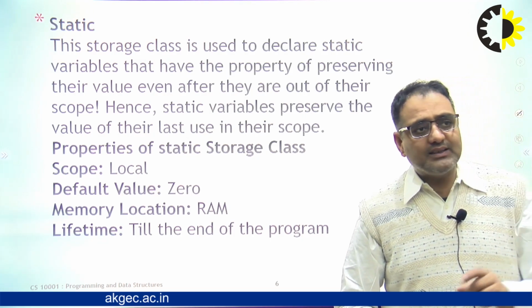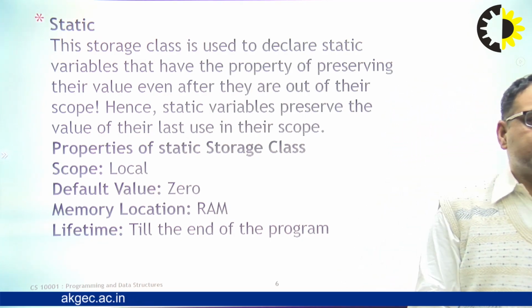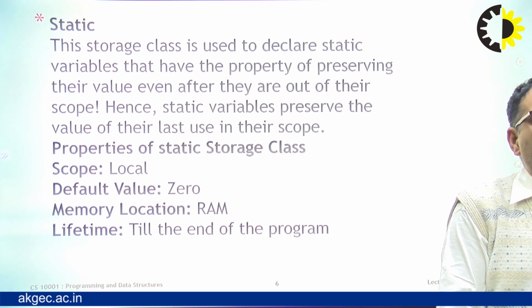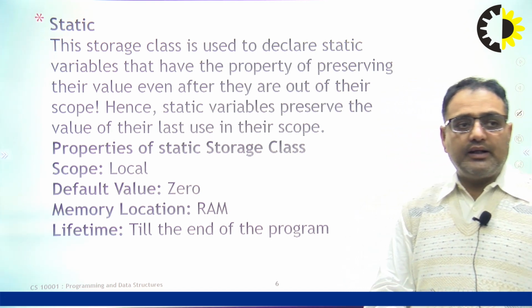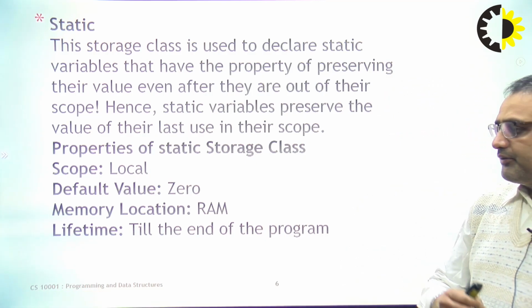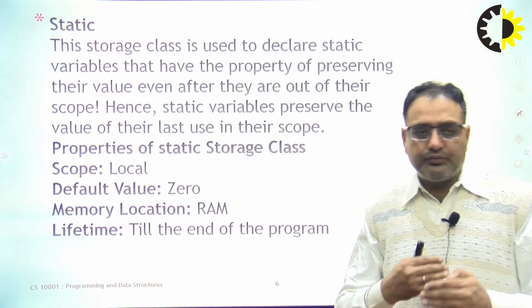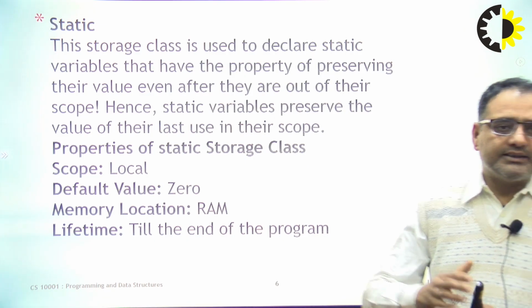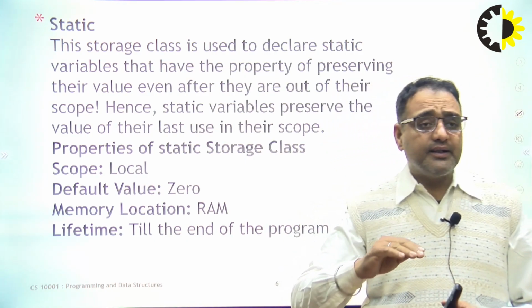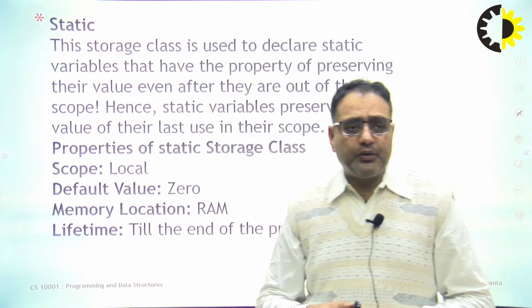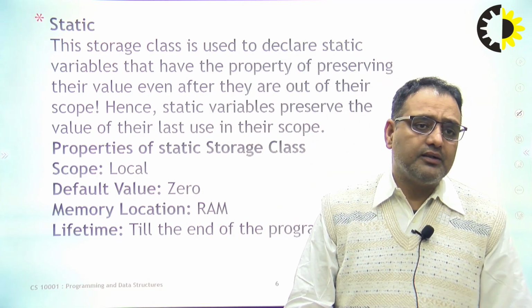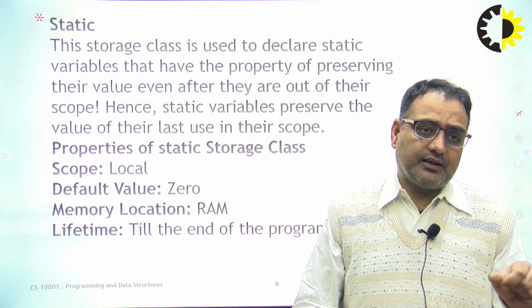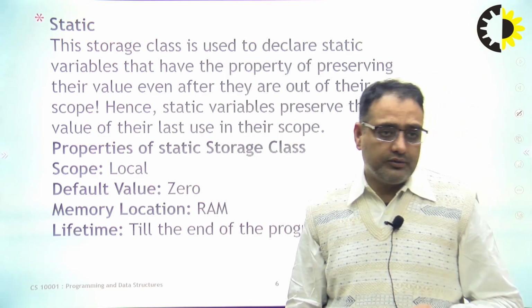After understanding this example, you can better understand the definition. The static storage class is used to declare static variables that have the property of preserving their value even after they are out of their scope, meaning between multiple function calls. When they exit from the user defined function, here counter, they must retain the current value of count.